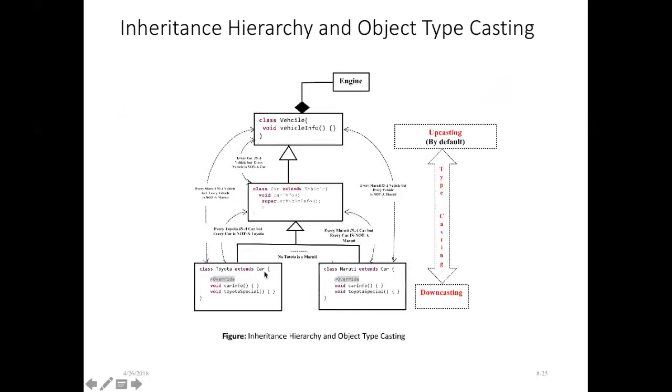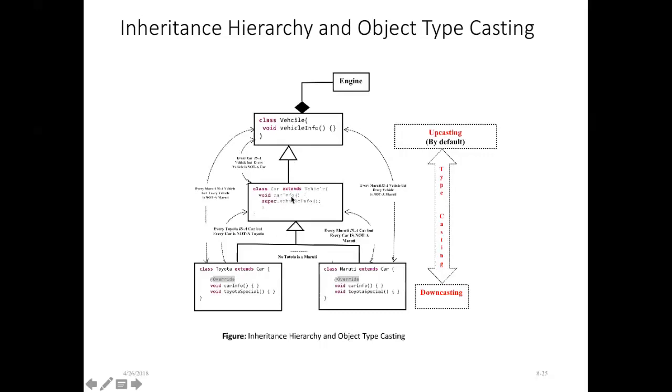This class overrides carInfo. This carInfo is common in its base class Car as well as in its own class. This is its own method, with its own body, and the Car class also has carInfo with its own body.